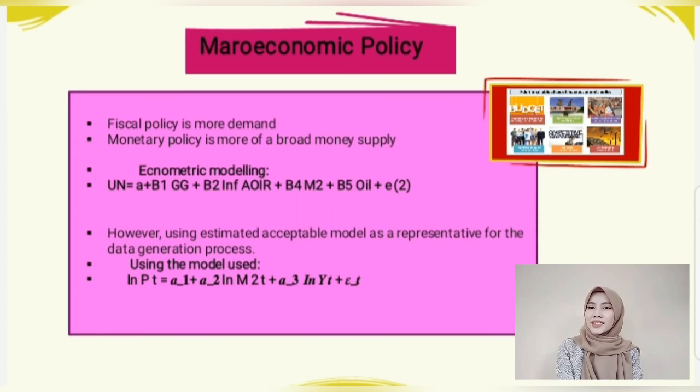Here, we can see the econometric modeling. We use an estimated acceptable model as a representative of the data generation process. The variables ln PT, ln M2, and ln YT are used to run the unit root test to determine the time series properties of each series.